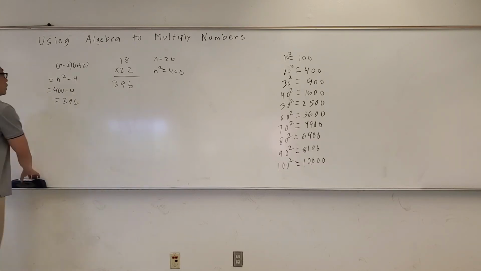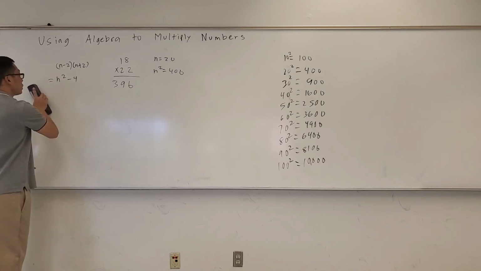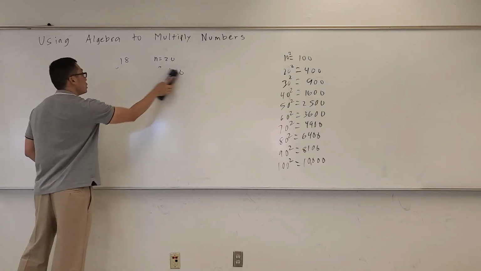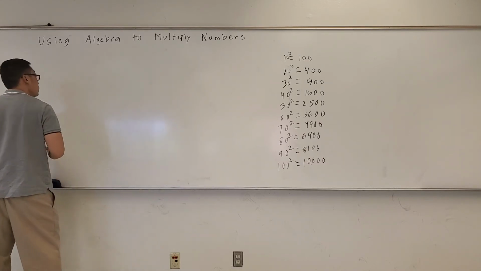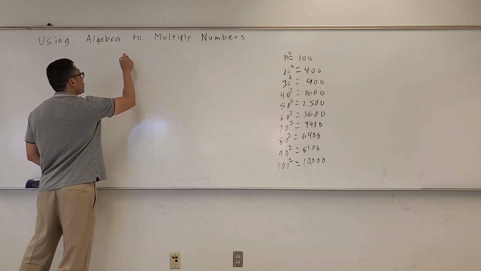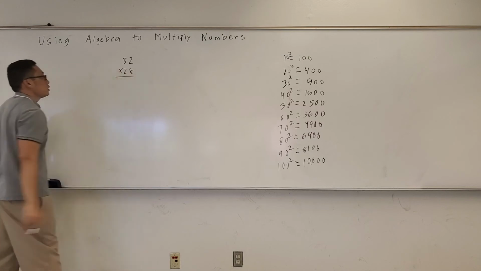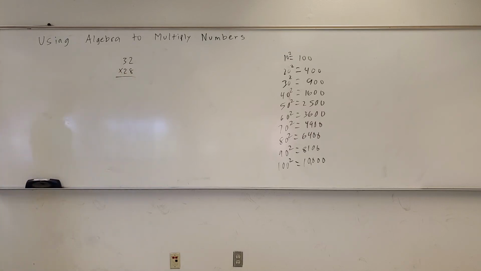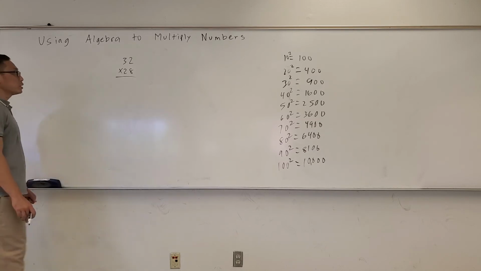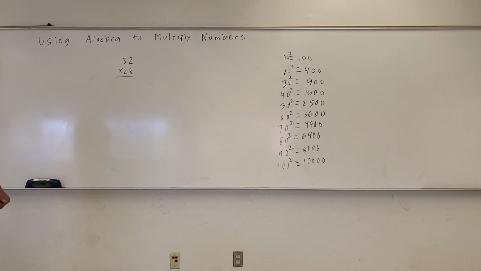So let's do another problem, so you guys can do it. I'm just doing 2 again. So I'm going to have 32 times 28. So you guys can figure this out. Okay. So we just let n be the what? Pause the video, try it out, see if you can do it. And if you can't do it in your head, just apply the algebra and you'll be able to do it.